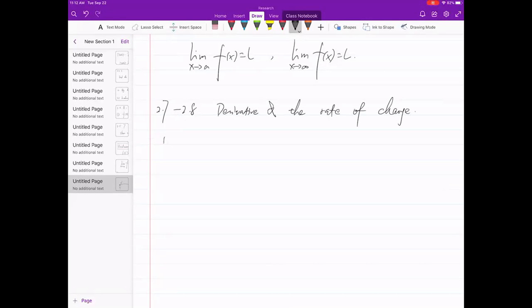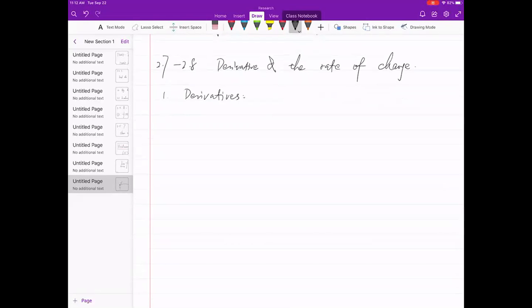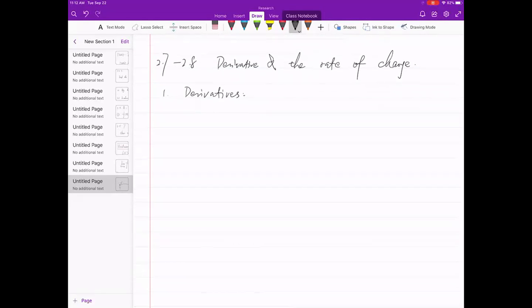The first one is derivatives. This was what we have. We want to find the changing rate. What we do is we take a change in y and a change in x.